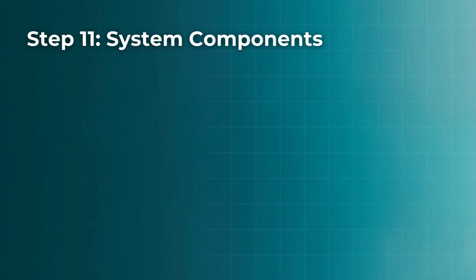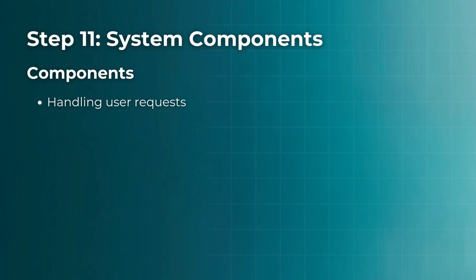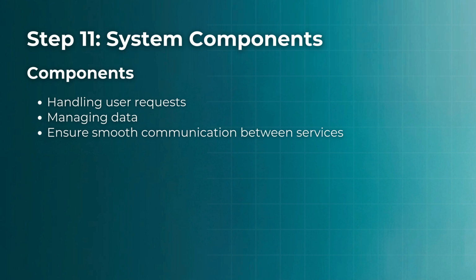In this video, we're going to dive into an essential part of designing any system: components. This step is all about breaking down the system into its individual building blocks and understanding their roles. Every system is made up of components, each responsible for specific tasks, like handling user requests, managing data, or ensuring smooth communication between services.